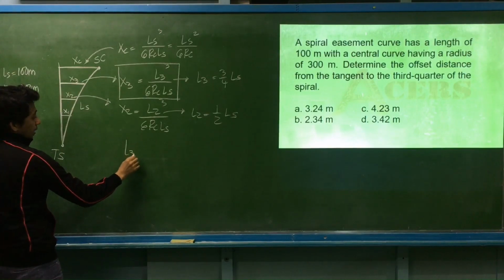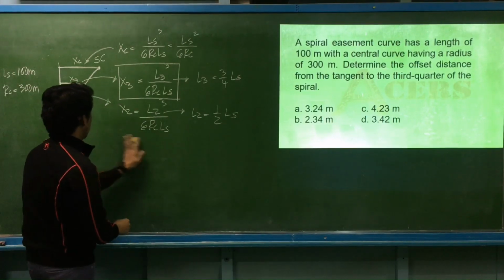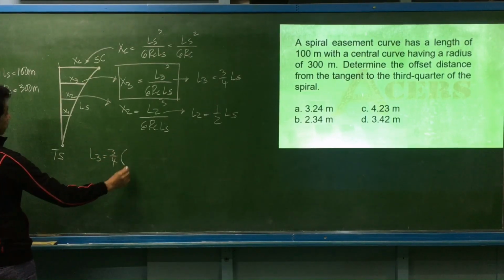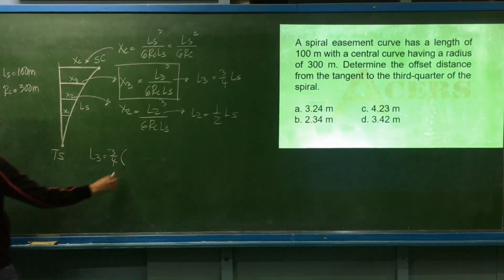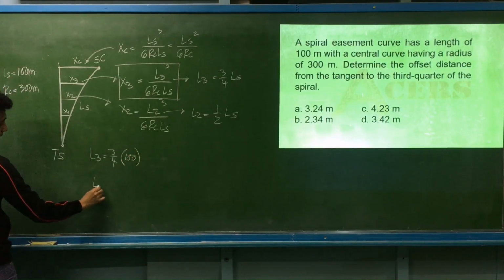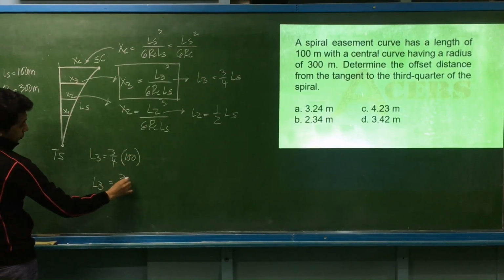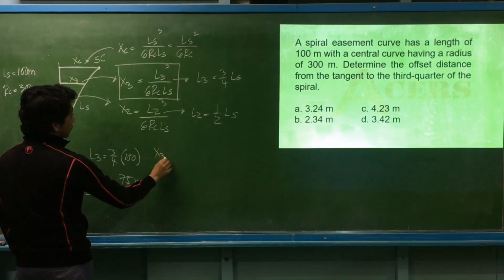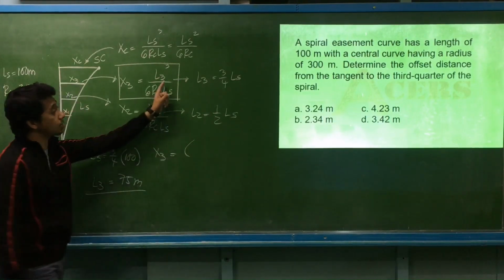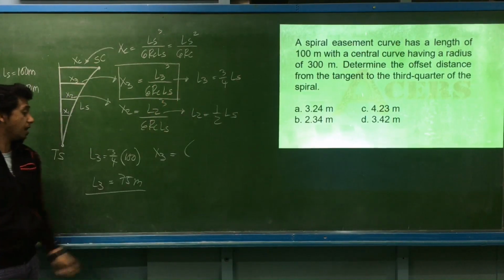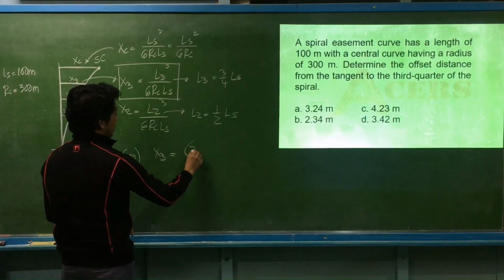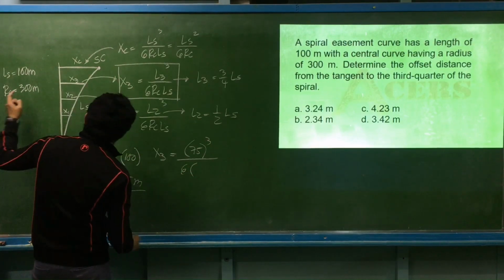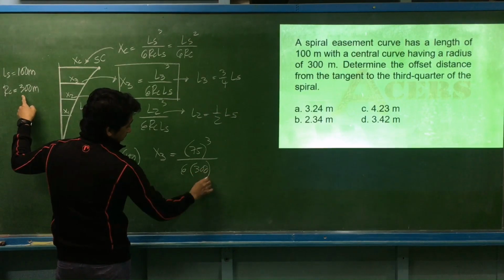So, let's get L sub 3. We have L sub 3 is 3/4 of the length of the spiral, that is 100. So, the length of the spiral on the third quarter is 75 meters. So, x sub 3 is equal to, what is our L sub 3? Third quarter of the spiral, 75. This is 75 cubed divided by 6. What is the radius of the central curve? We have 300.